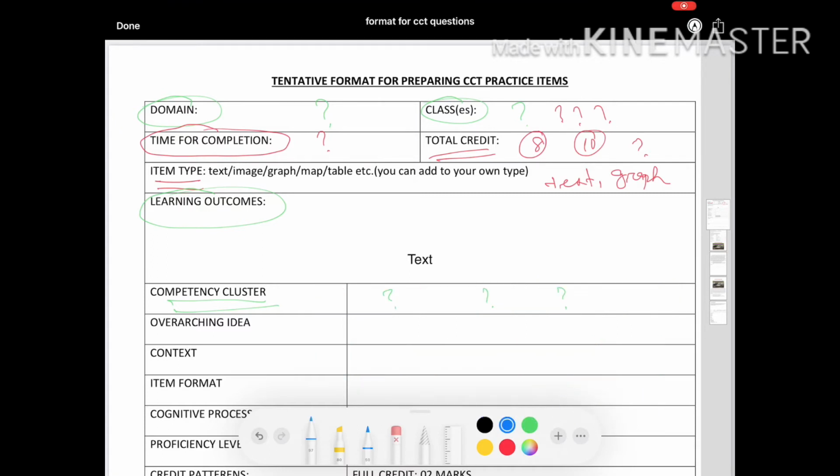Next is overarching idea. To solve the particular question, what unit the students should know, here we have to write. For example, suppose you are preparing a question on perimeter or area or volume of solid or surface area of solids, then here you write mensuration.